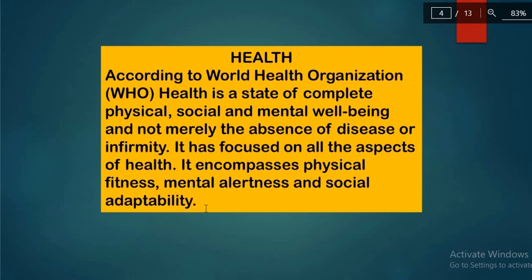And if a person is intelligent, first in the class, and physically well and strong, but cannot adjust and live in society, cannot adopt the social norms and values, that is also not a healthy person. To be healthy, we should be healthy in all three aspects: physical, mental, and social.